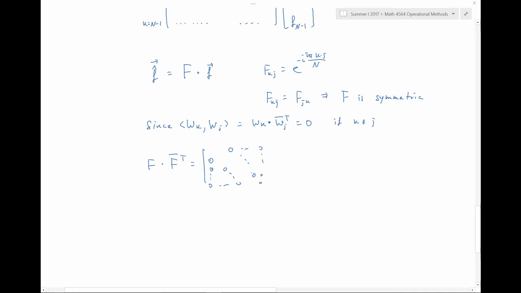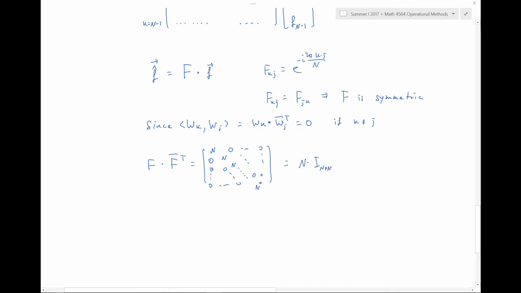And on the main diagonal I will have dot products of wk with wk, and we already computed that all of those inner products of the vectors wk with themselves are just n, so it's n times the identity of size n by n.